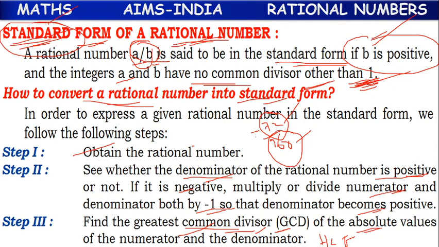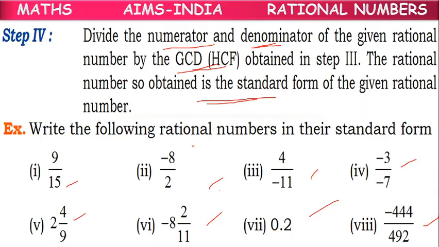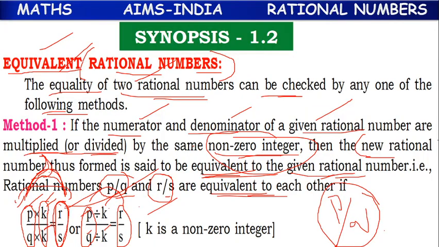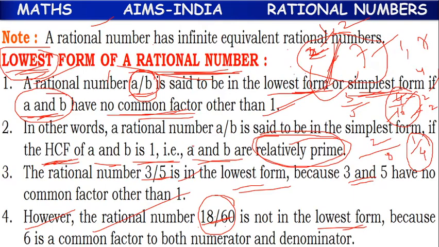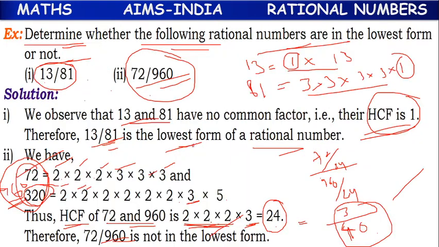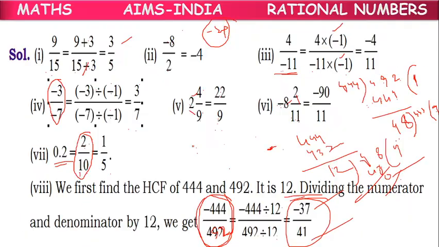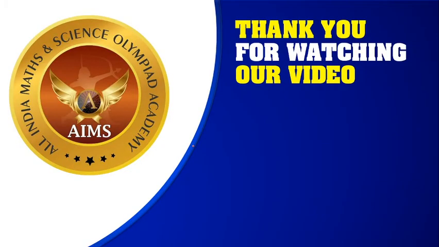If they have a common divisor, we have to divide with their HCF. Like that we can change into standard form. So we have learnt about equivalent rational numbers, about lowest form of a rational number, and about standard form of a rational number.